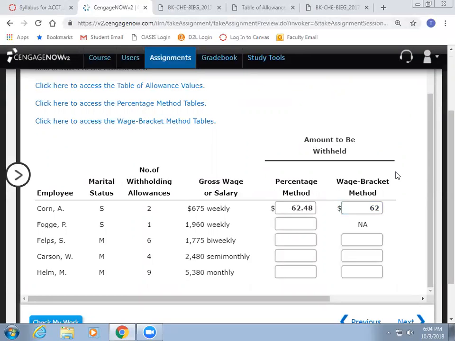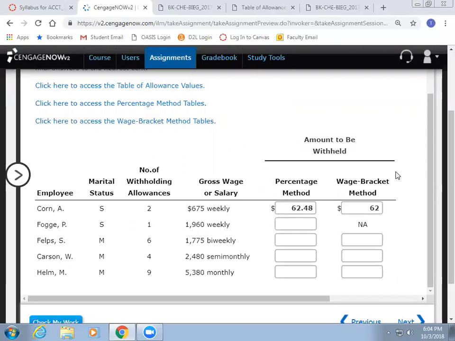Now, as you can see, when we get to the next employee, it says the wage bracket method is NA, and you can look at that. If you look at the single table and the weekly, it says for a single person that makes over $1,250 in a week, you have to use the table 1A for single person.